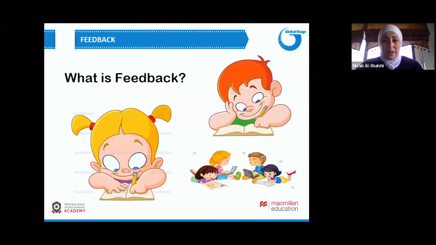And feedback, by the way, is also very important to parents. Some parents, I believe, are still a little bit traditional, and they are stuck to those grades that are given on official papers at the end of every term.